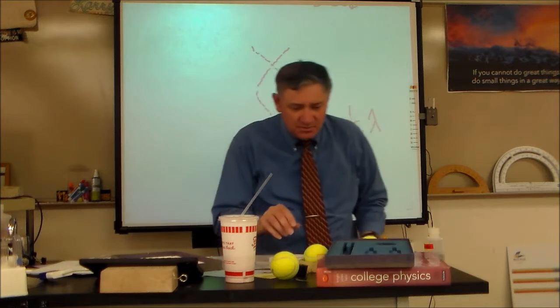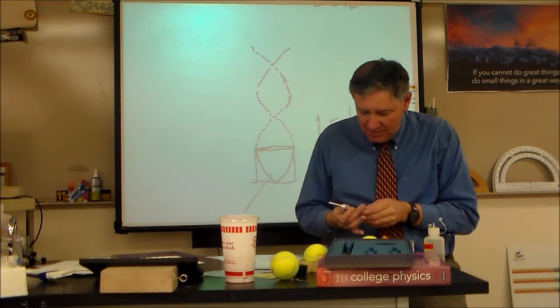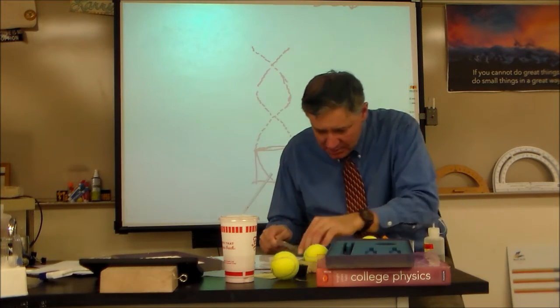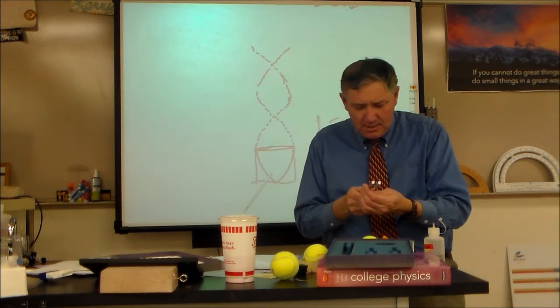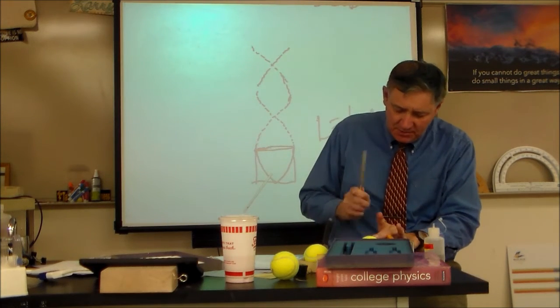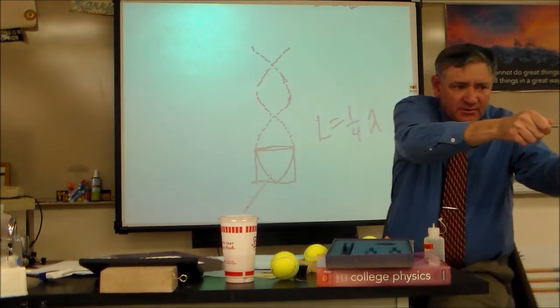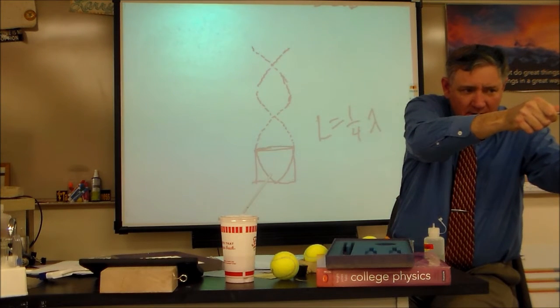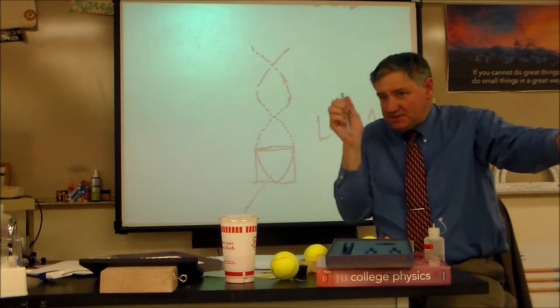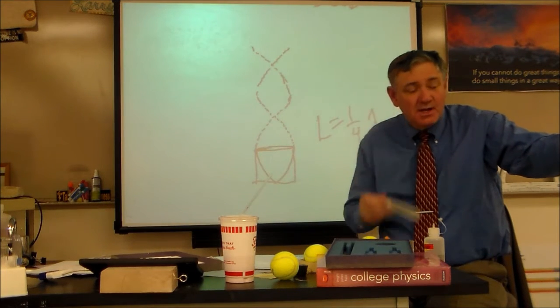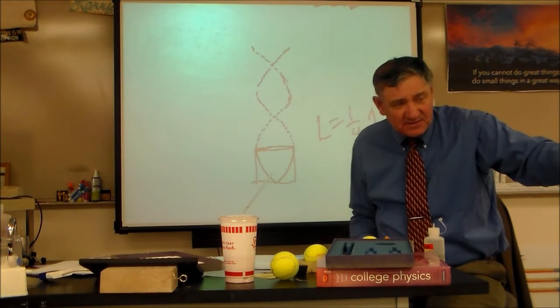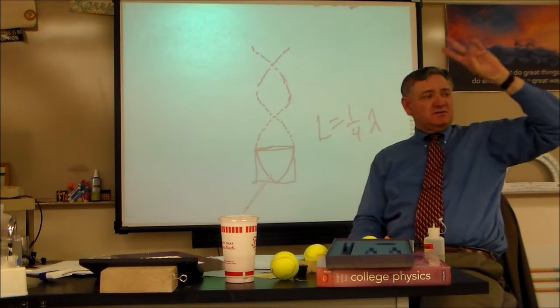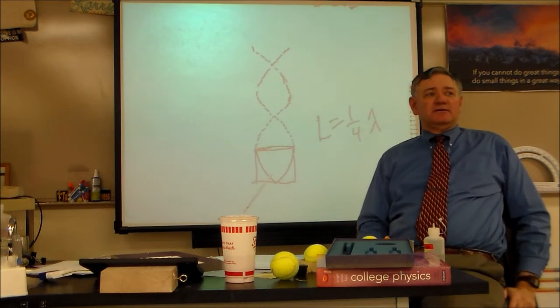Then, in this one, I know that this is a 523.2 frequency. So if I know the frequency of the tuning fork, and I know the wavelength of the sound, if I multiply those two together, what can I get?